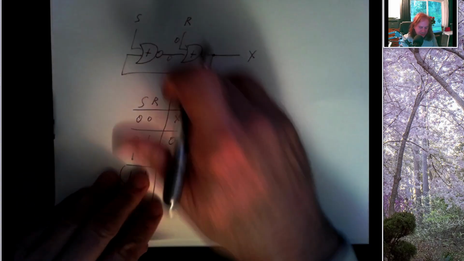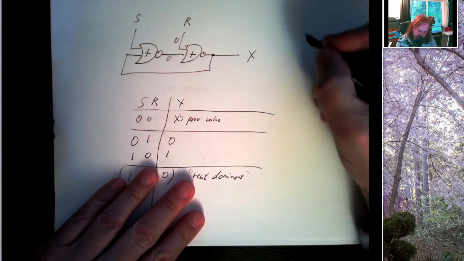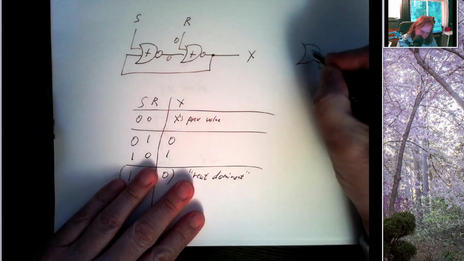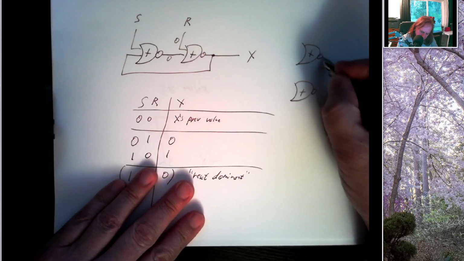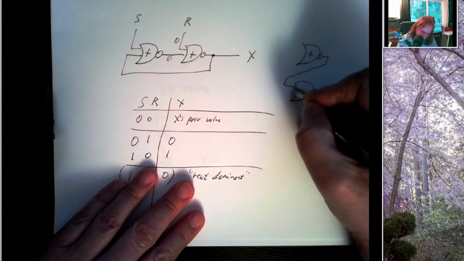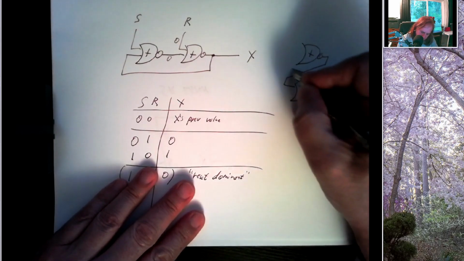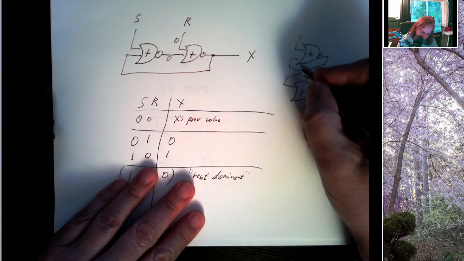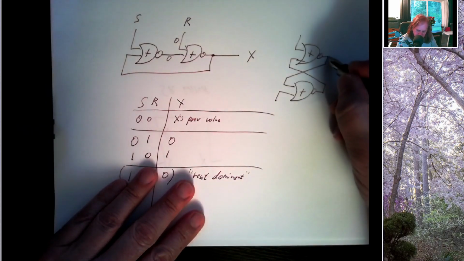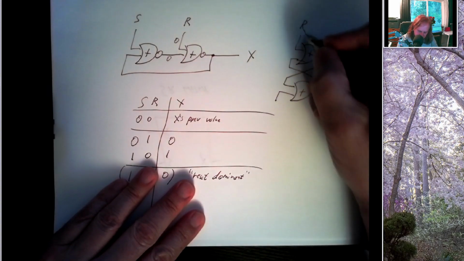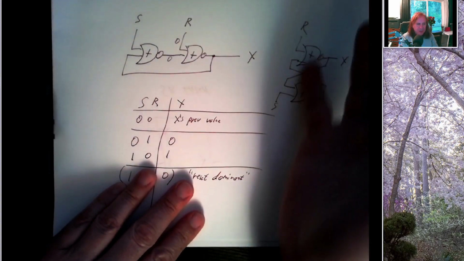So most often when these are drawn, you'll see them written like this. And so this would be our output X, this would be the reset, this would be the set. And you see them drawn one on top of another.